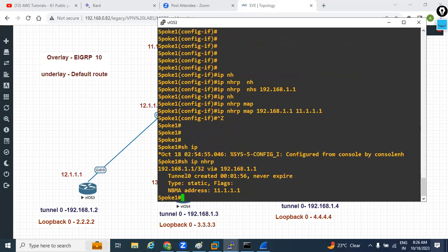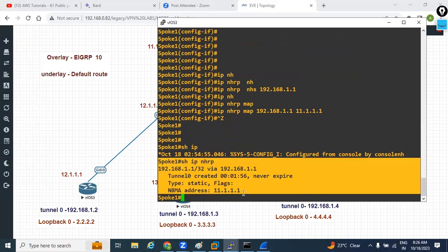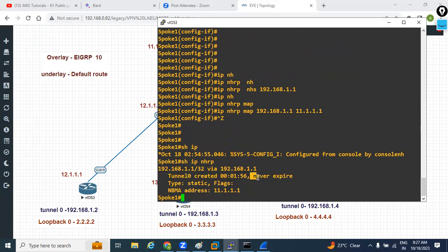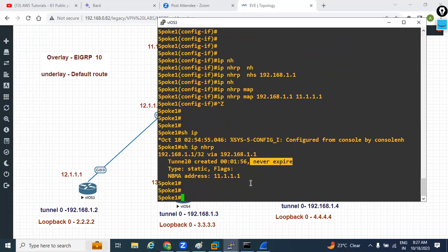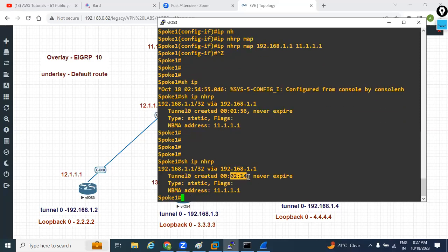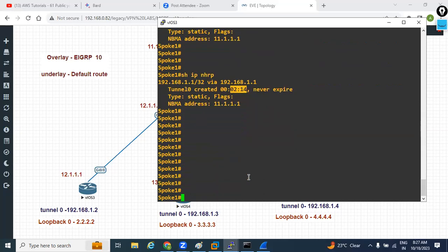So show IP NHRP. On a spoke, my NHRP table has been updated. Okay. So the entry is what? Never expire, because a static entry is always never expire. If you can see here, this is the timer, and it's been increasing.